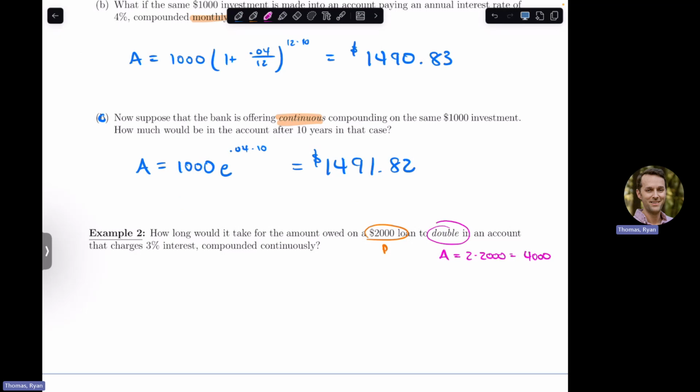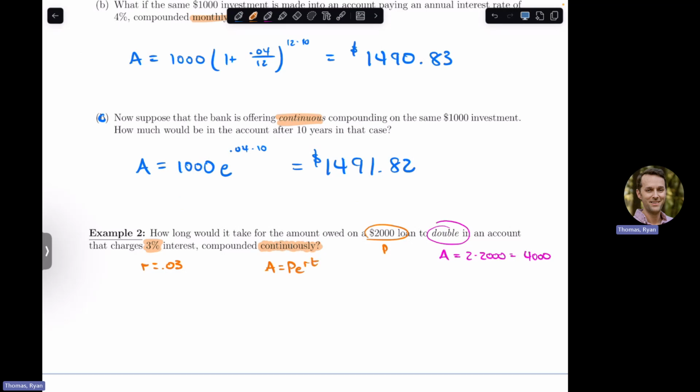In an account that charges 3%. So what's R? Compounded continuously, which tells us what? Use the continuous compounding formula, yep.